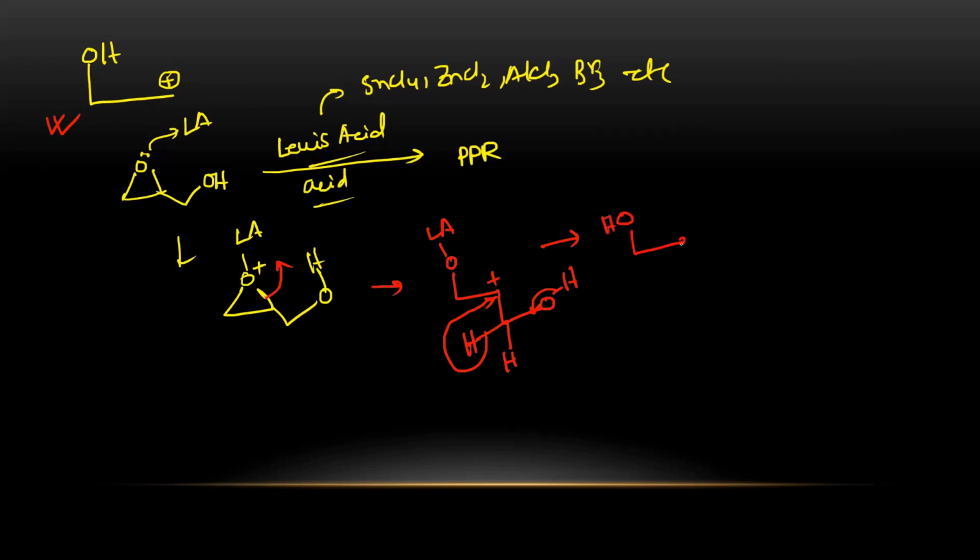So at this center there will be hydrogen and a double bond to OH. The product will always be a beta hydroxy aldehyde or carbonyl, not only aldehyde, carbonyl. Beta hydroxycarbonyl will form.